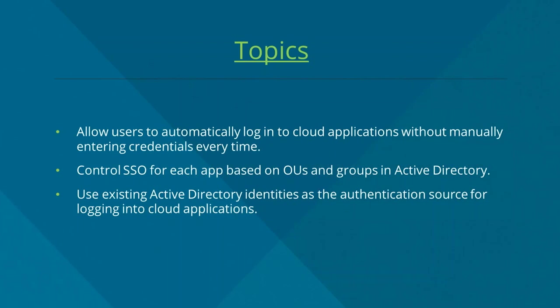And the next one is the control SSO for each app based on OUs and groups in Active Directory. So with that, I had shown you earlier how to configure different policies, how you can add different sets of users or OUs and groups within it. And using the same policies, you can configure your cloud application SSO.